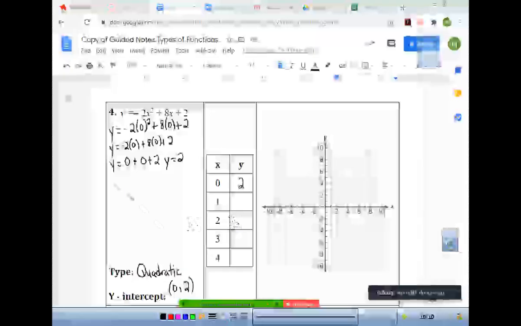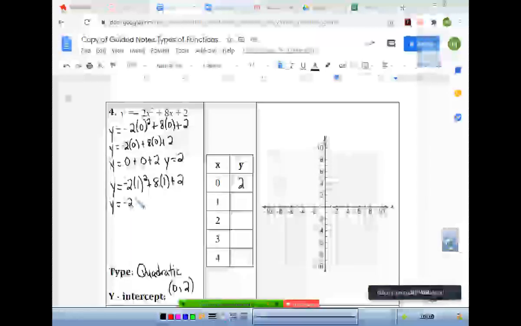Okay, next we're going to do 1. So that's our next point in our table. So I'm plugging in 1 for my x's. Following my order of operations, I'm going to start with my exponent. What is 1 squared? 1.